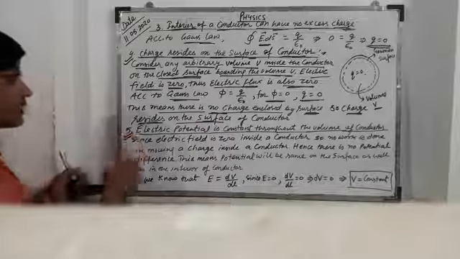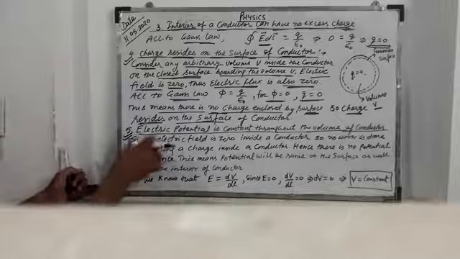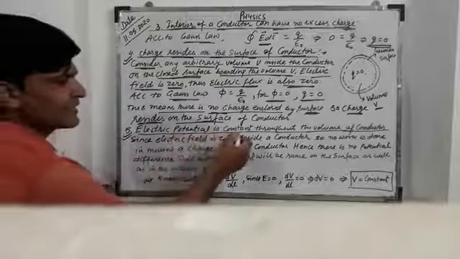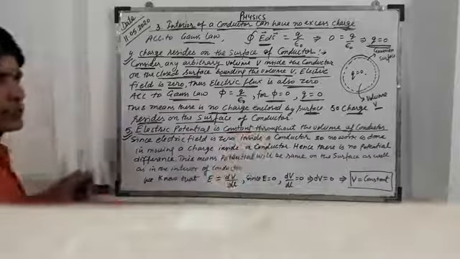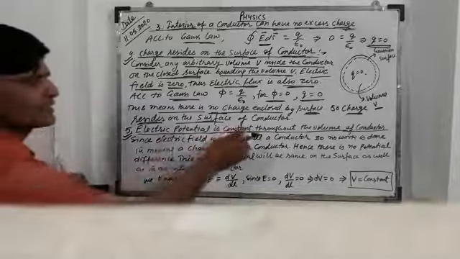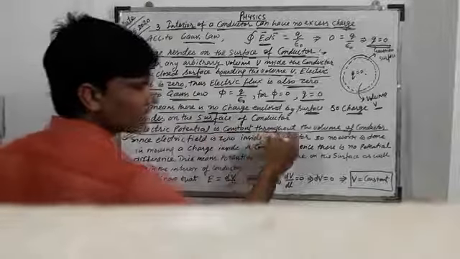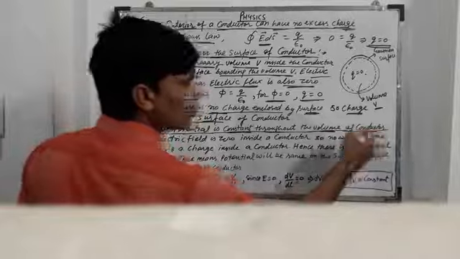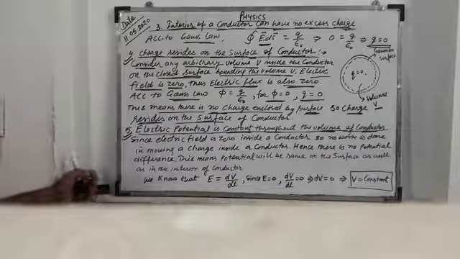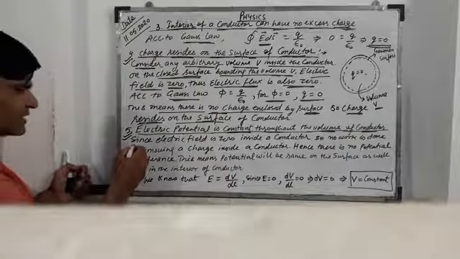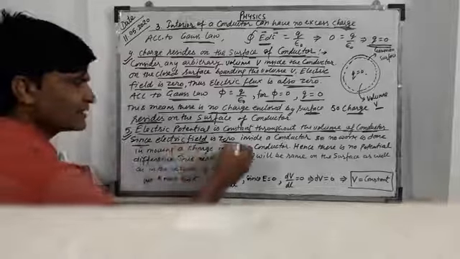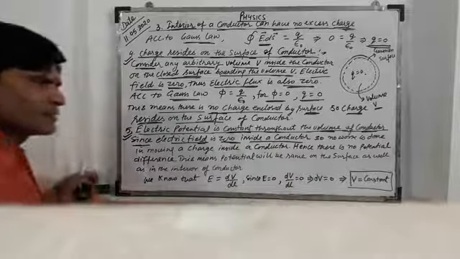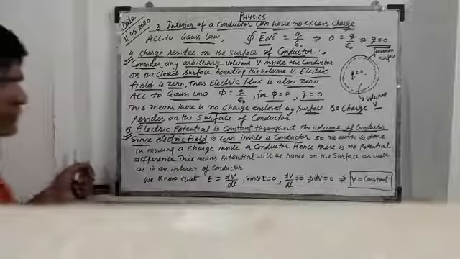The fifth point is electric potential is constant. Electric potential is constant throughout the volume of conductor. How? For this, electric field is 0 inside a conductor. This is from first point.